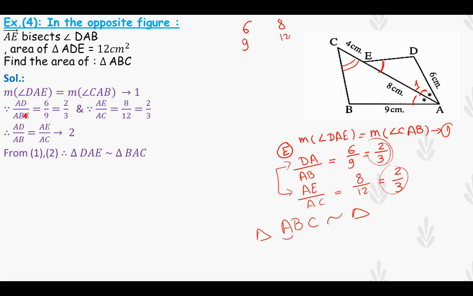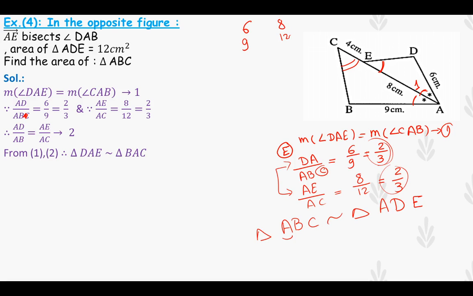So we write A corresponds to A. And here, side length AB, its corresponding angle is C. So the measure of angle C in the first triangle is equal to the measure of angle E in the second triangle. So we will write E corresponds to C. The last one, B, will be equal to the last one, which is angle D. So triangle ABC is similar to triangle ADE.